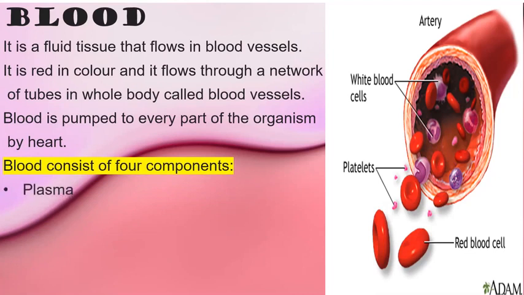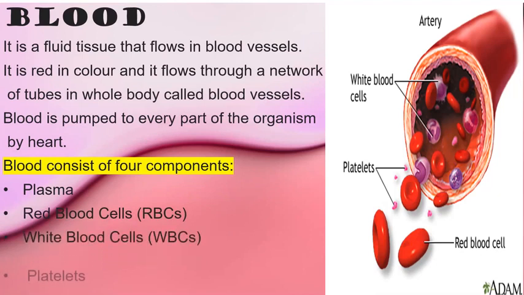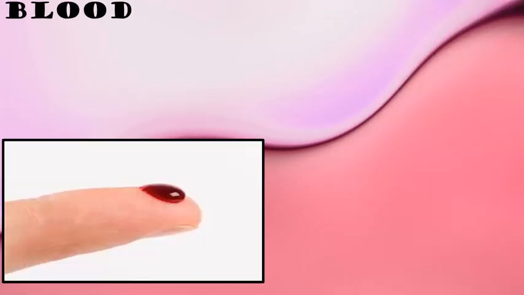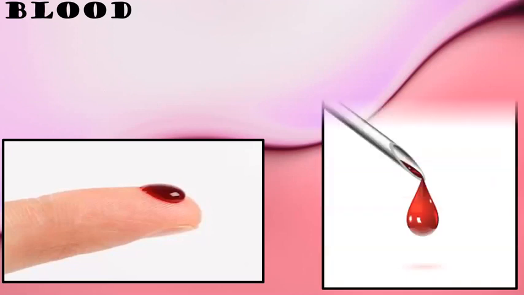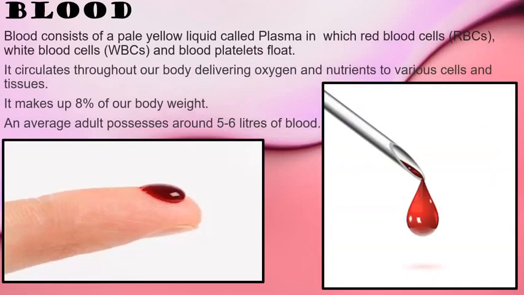Blood possesses the following four components: plasma, red blood cells, white blood cells, and platelets. Let's see what is plasma. Blood consists of a pale yellow liquid called plasma, in which red blood cells, white blood cells, and blood platelets float.